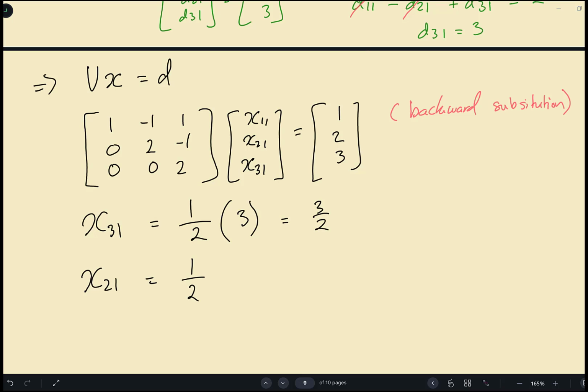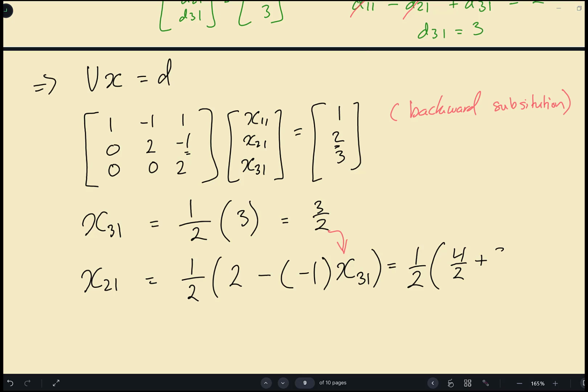In this case, it's also a 2, multiplied by the 2 we see on the far end here, minus, right, the -1, multiplied by x31, which we solved for in the previous step. So then we plug in 3 over 2 here, and then we do the math, and what we get is 4 over 2 plus 3 over 2, which gives us 7 over 4.